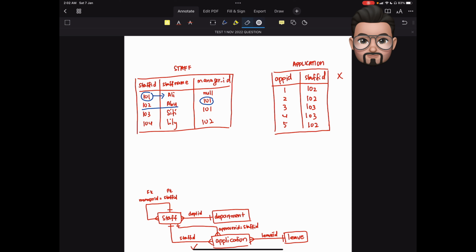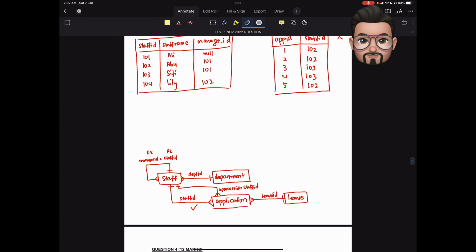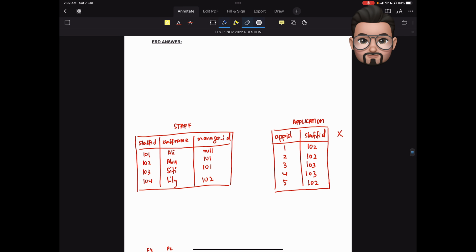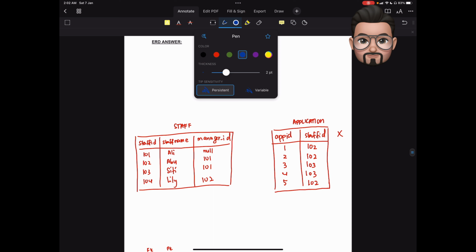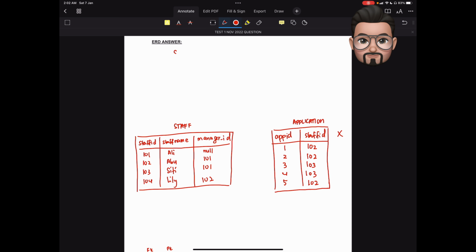To make it easier, this is what we call a self join. We make another staff table over here, copying the same table staff. You have the staff ID, staff name, and manager ID.